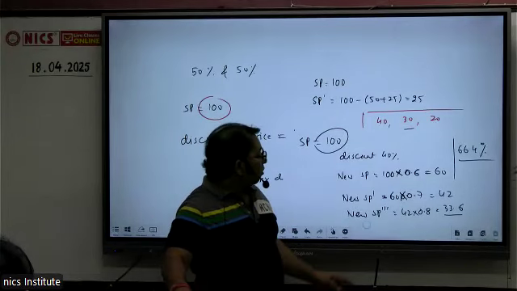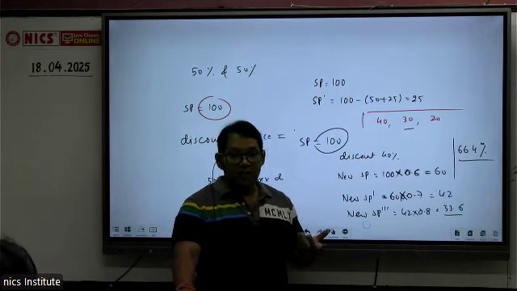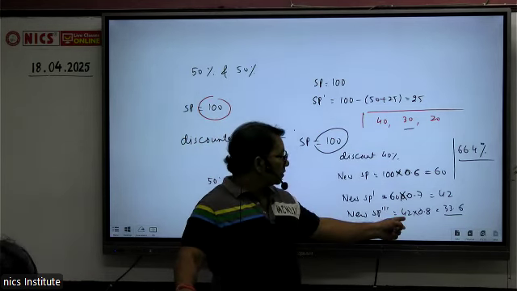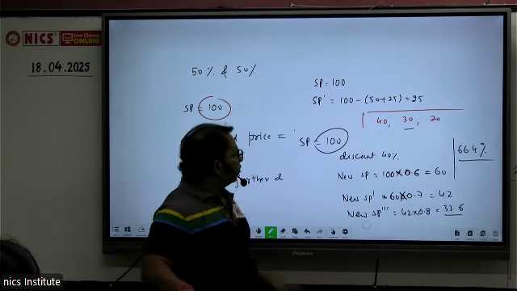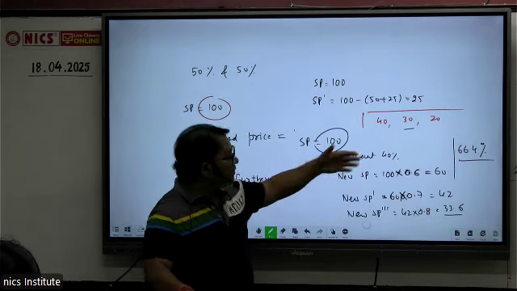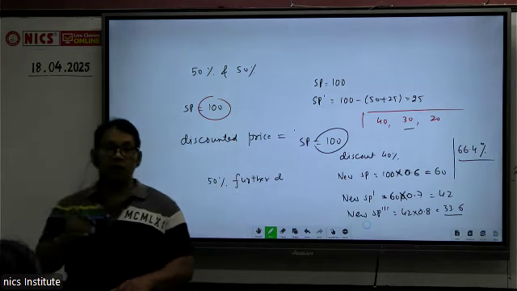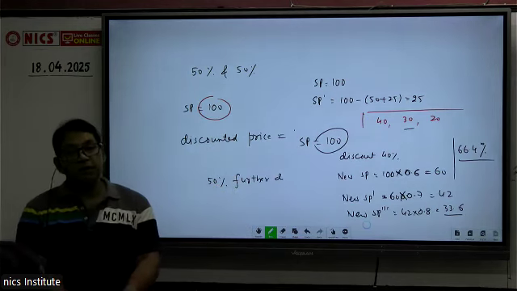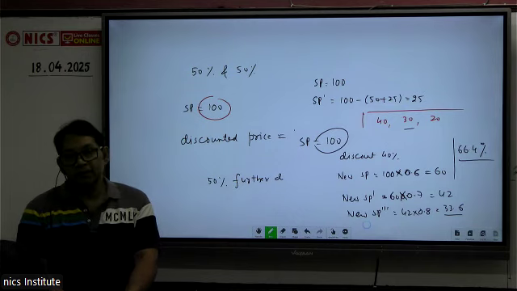But on 42 rupees, again, you're getting 20% discount. That means the new SP would be 80% of this, 0.8 into this. So this is the final price. If I subtract the final price from the original price, I'll get the discount. Effective discount: something which was costing you 100 now costs you only 33.6. So 66.4%.